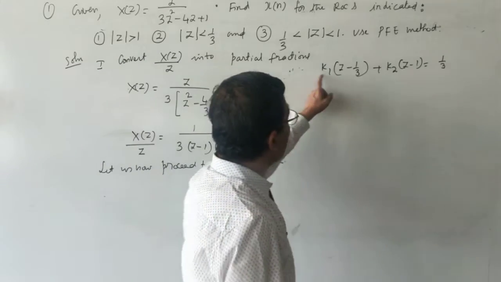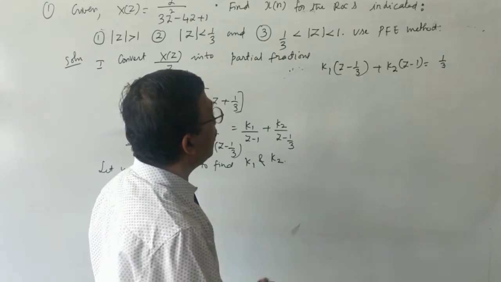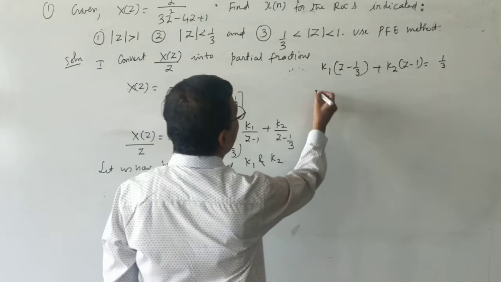There are two unknowns here, k1 and k2. Therefore, to find k1 and k2, take two arbitrary values of z and then solve two resulting simultaneous equations. Here it is very easy.